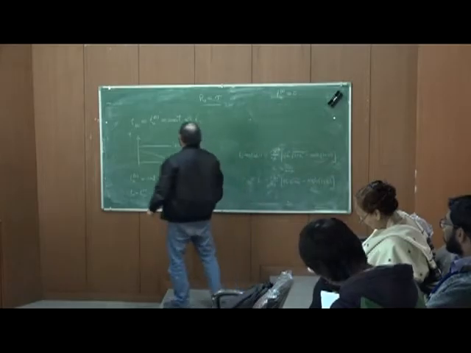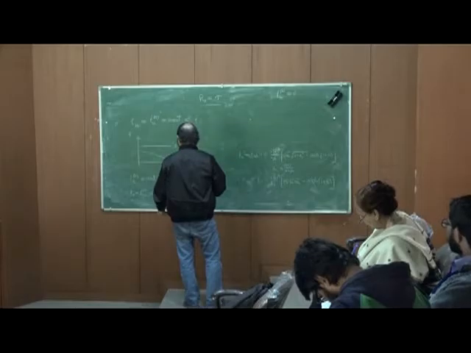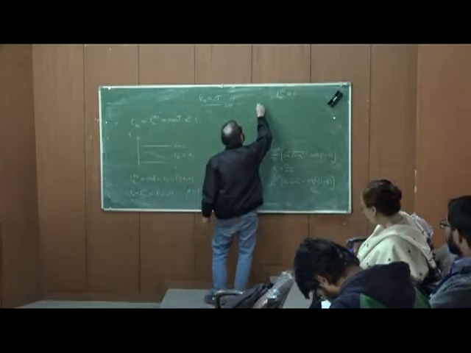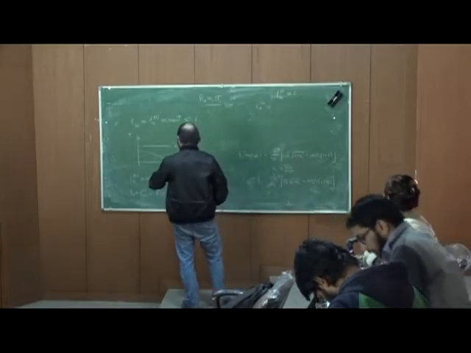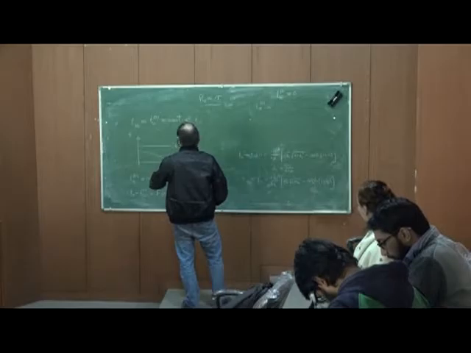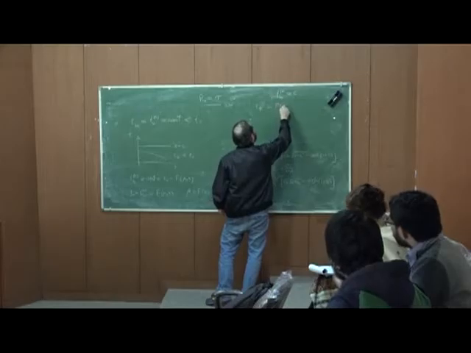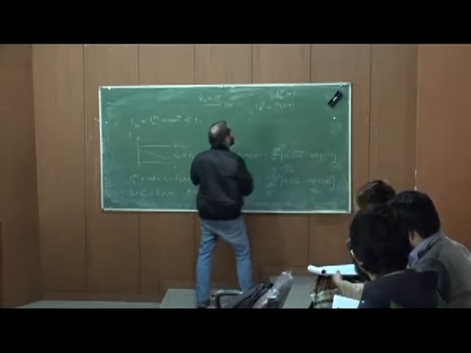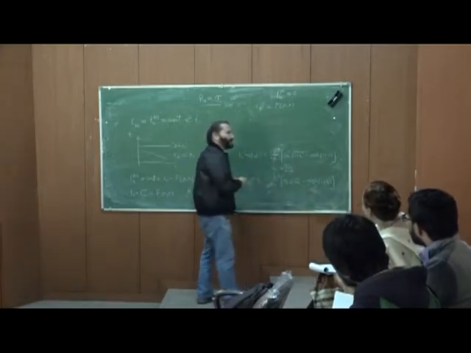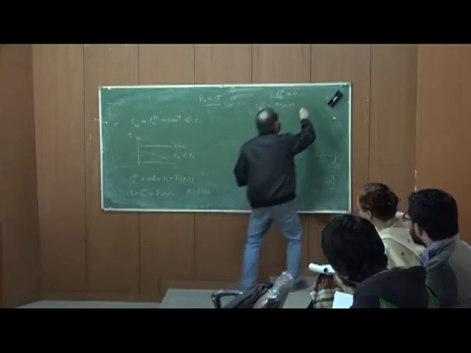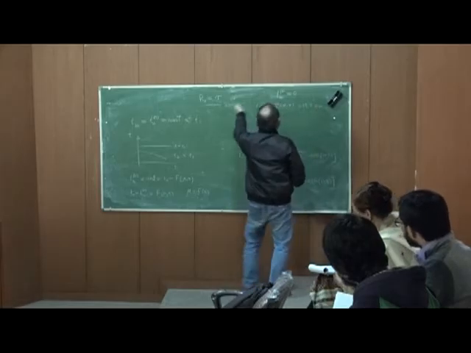Then your constraint is very simple, it is this. And if we want T0 to be the present cosmic time, then this has to be equal to 13.7 gigayears. And that's it, you solve everything.